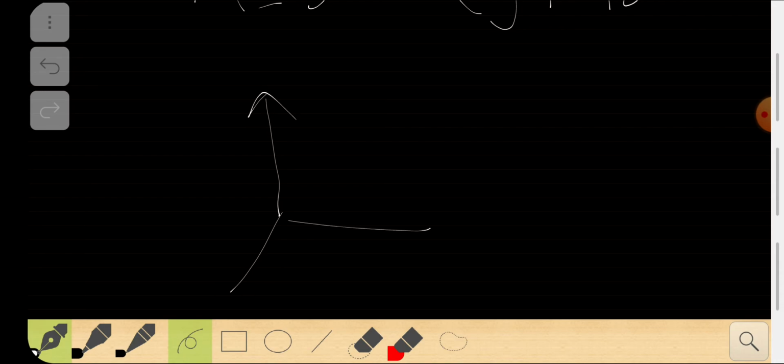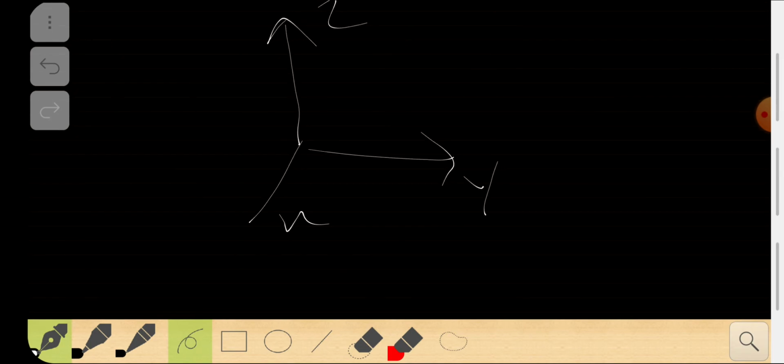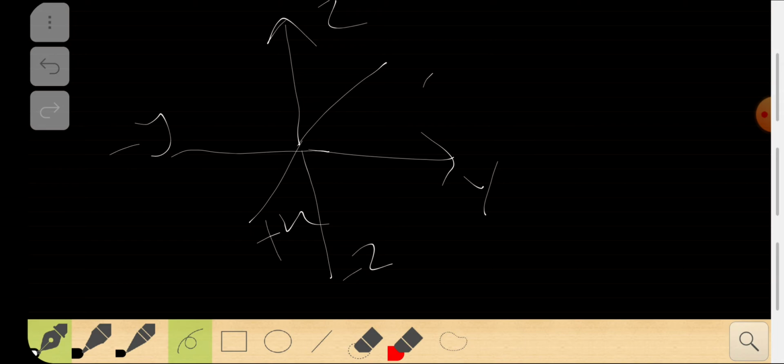We just draw the right-handed coordinate system, with the minus y, minus z, minus x, and plus x directions. Okay, that's the right-handed coordinate system.